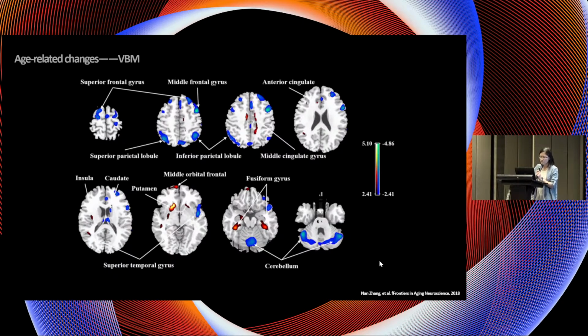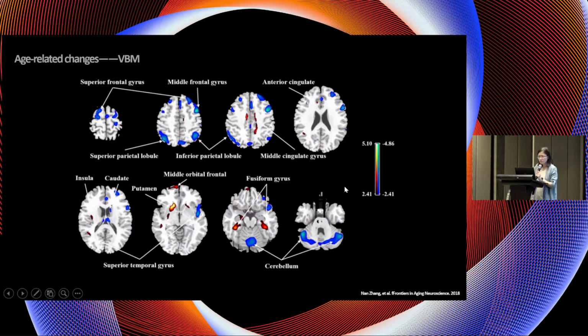We can see that after normalization for global value, regions with decreased CBF in aging are bilateral superior frontal gyrus, right middle frontal gyrus, left superior frontal gyrus, bilateral inferior frontal lobule, right caudate body, left superior temporal gyrus, and bilateral cerebellum.